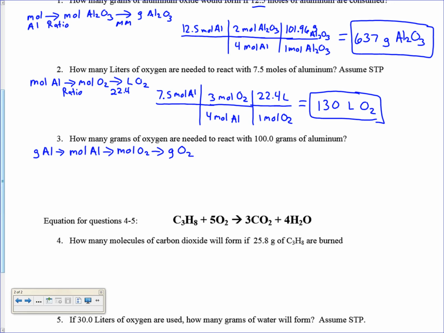So writing this all out, we start here, 100 grams of Al. The molar mass of Al from up above, 26.98 grams of Al in 1 mole of Al.